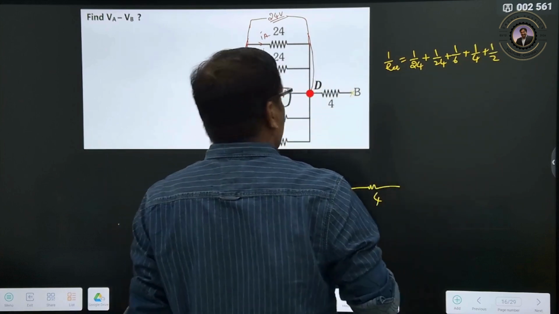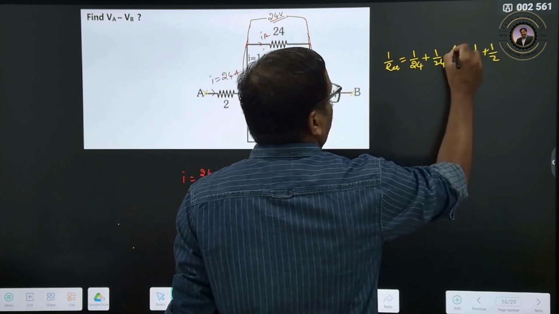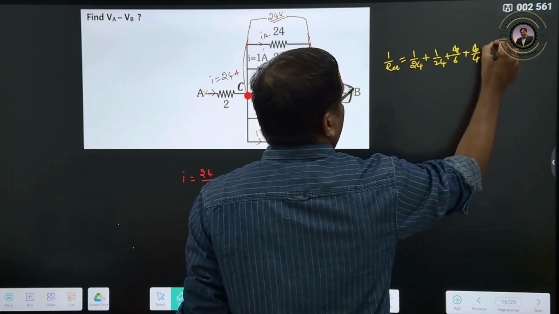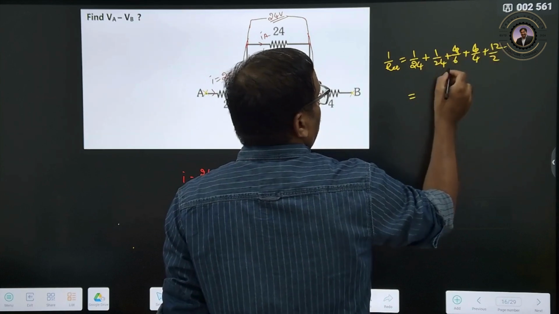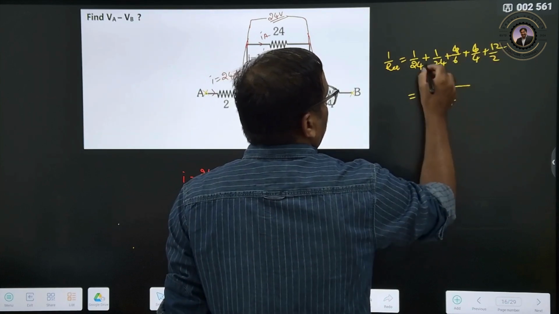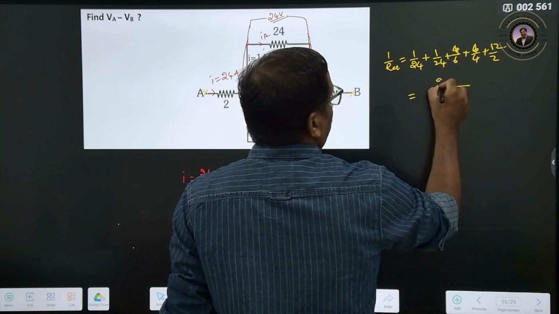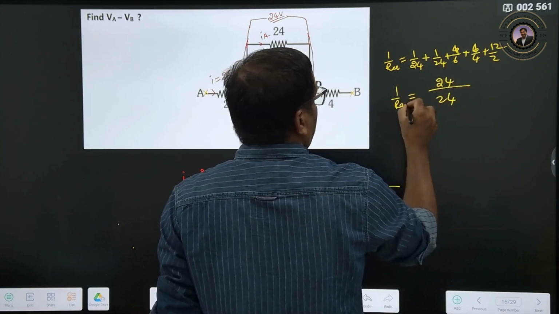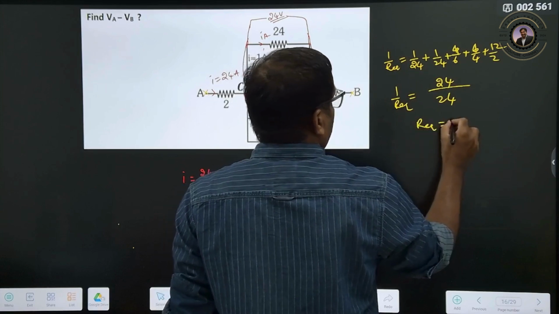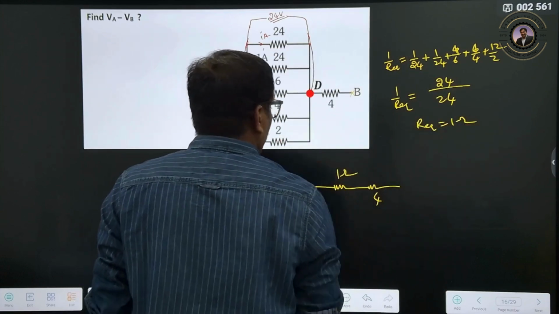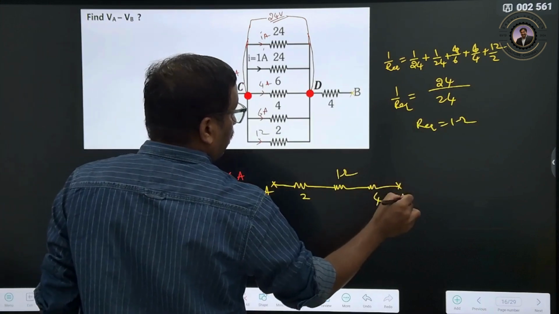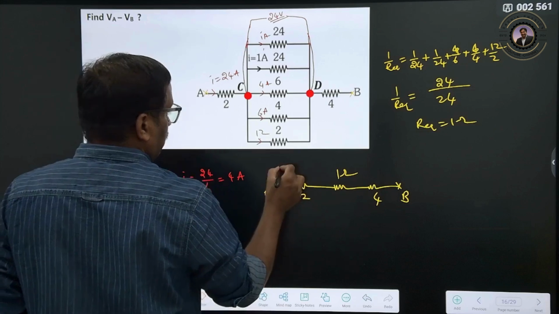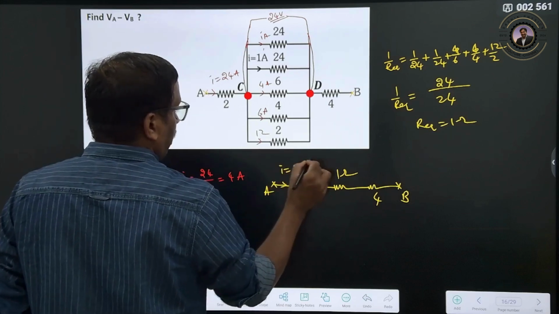I can make the denominator 24 for all, so 1 by R equivalent works out, and R equivalent is nothing but 1 ohm. So the current across this one, from A to B, will be equal to 24 amperes.